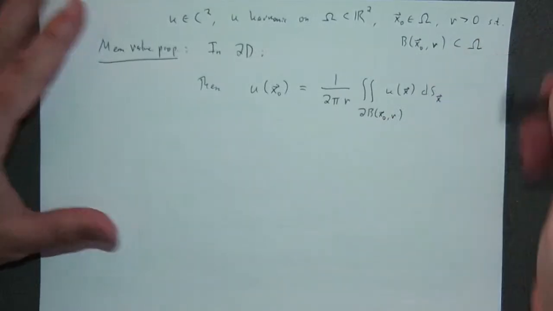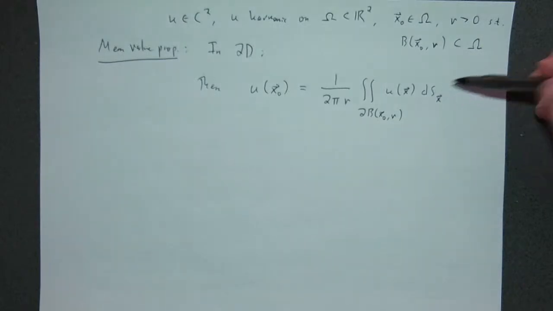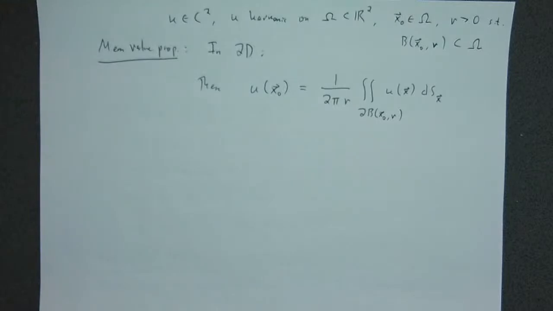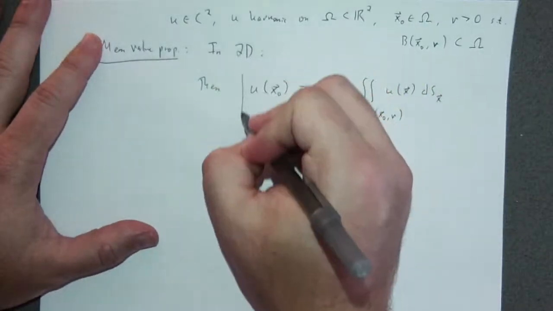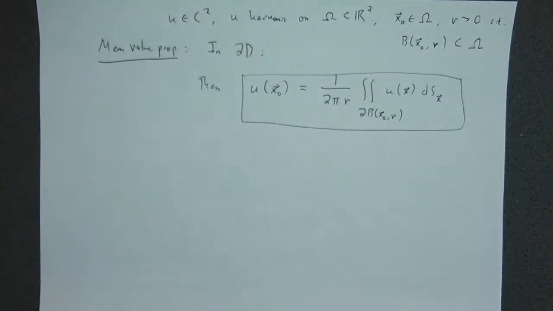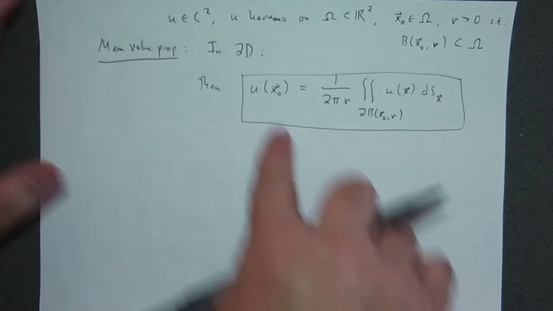I'm writing this to say that here our boundary surface is actually a boundary circle, because this is the two-dimensional case. The textbook doesn't state the two-dimensional case, it only states the three-dimensional case, and just makes a reference to the two-dimensional case. But you can state this in any number of dimensions, and we're about to see how this works.